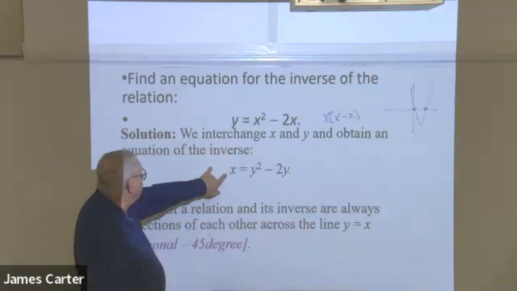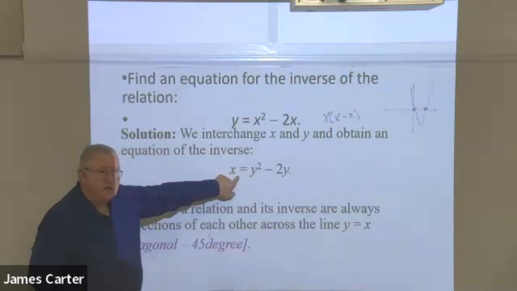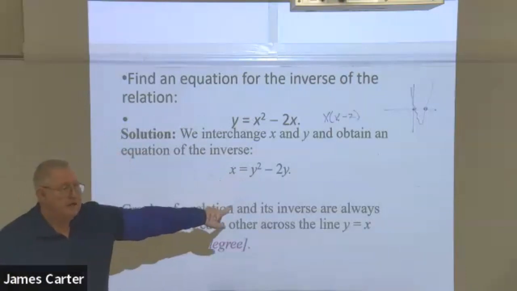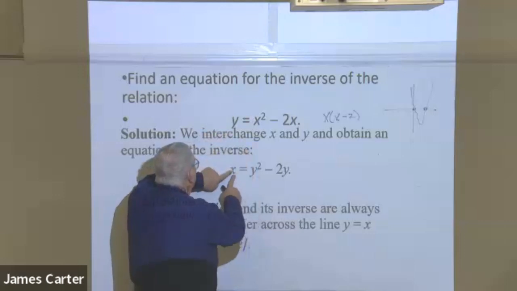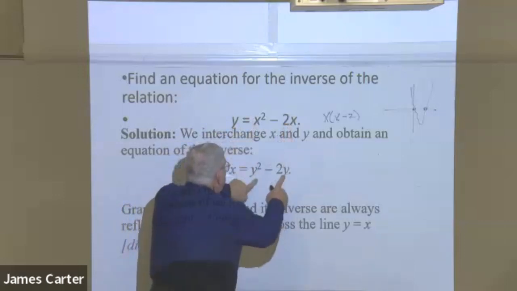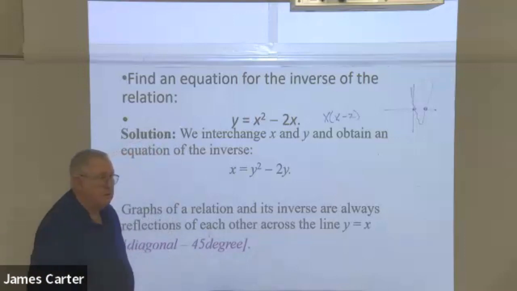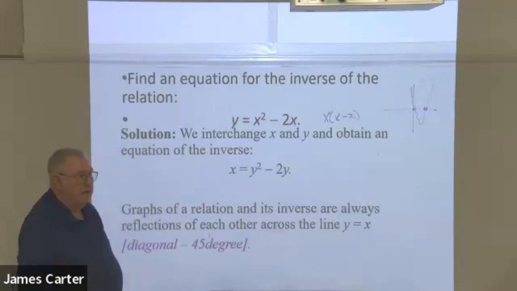This, in turn, is the inverse. Notice we replace the y with x, and we replace the x's with y. Okay? Now, that's going to give us a flipped picture.